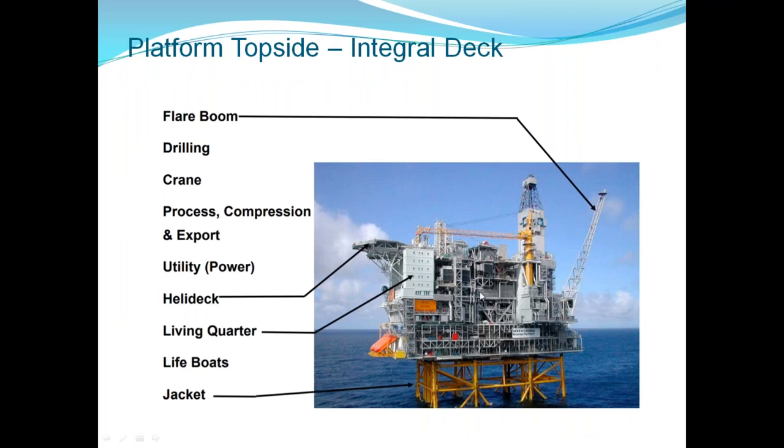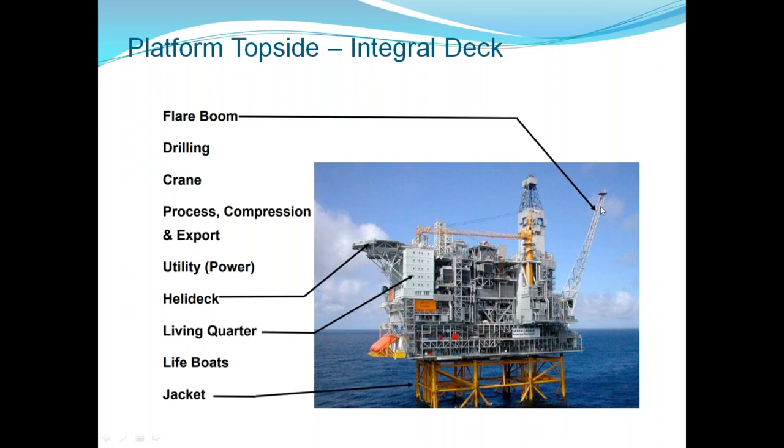Again, previously it was an animation; this is a live picture. Whatever yellow portion you are seeing here is called the substructure. It is called the jacket, and the white portion above is called the topside, and this is called the flare boom. While we extract oil and gas, sometimes poisonous gas is also part of that crude oil.